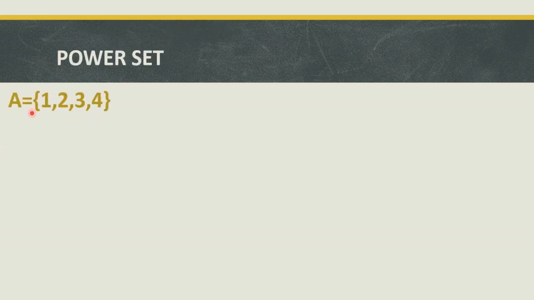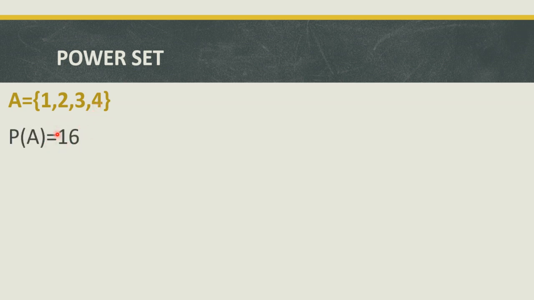Now we will make the power set of the previous question. The set A is 1, 2, 3 and 4, and we have found the number of elements, which is 16.